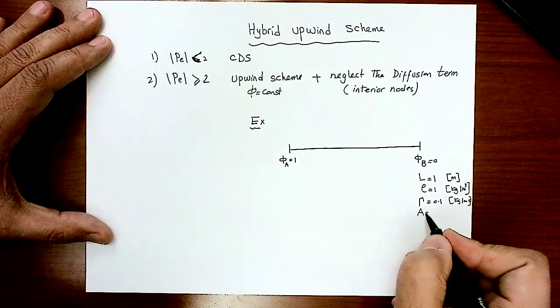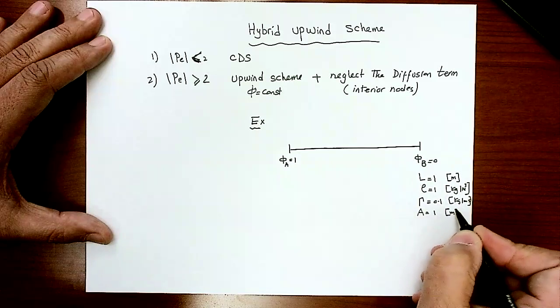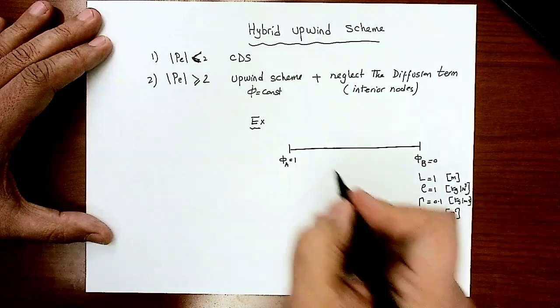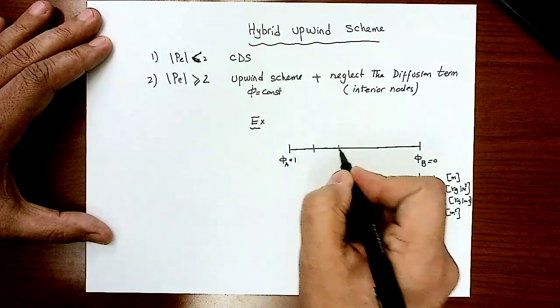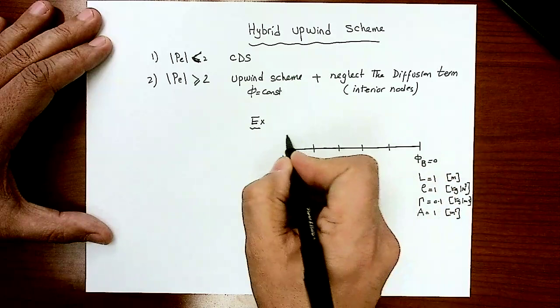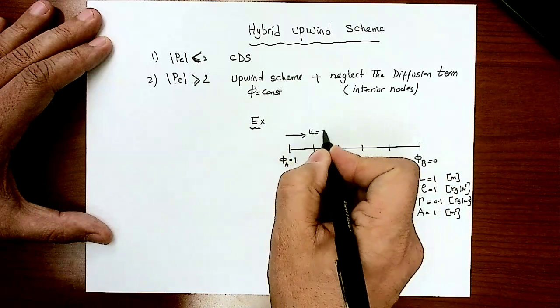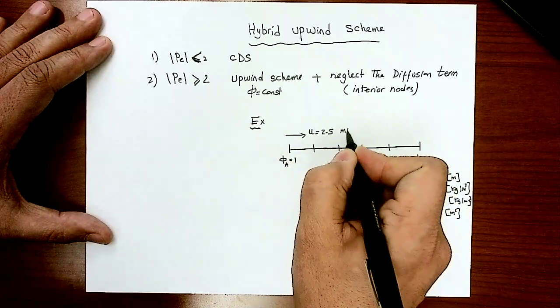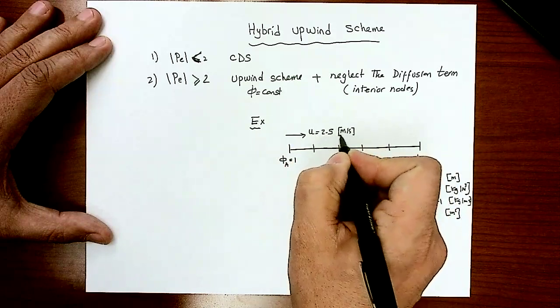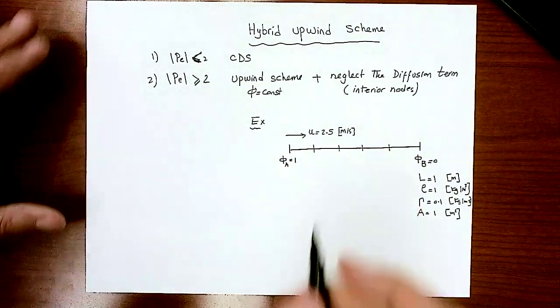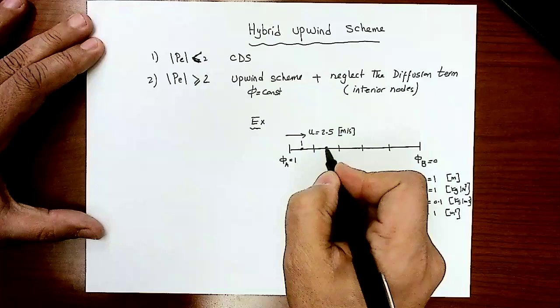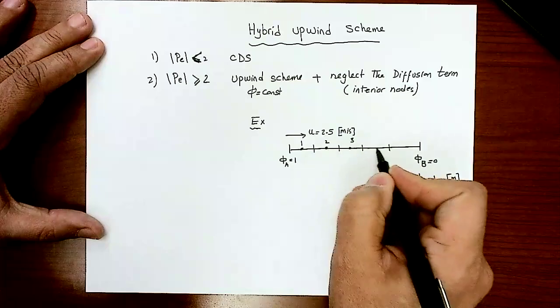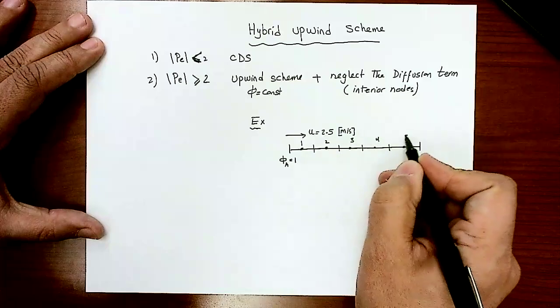And A is equal to 1 meter squared. And we're going to divide that into 5 cells. I have a velocity U that's equal to 2.5 meter per second. And we would like to calculate the values of phi 1, 2, 3, 4, and 5.